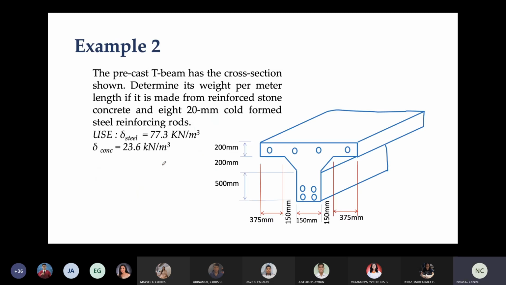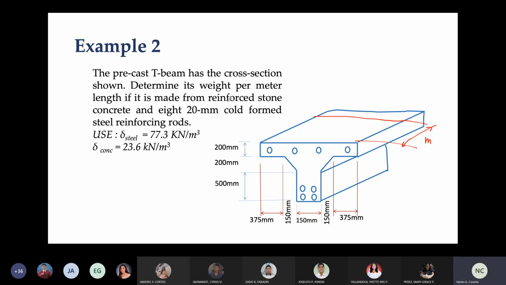Another example. This is again dead load, computation of dead load. The precast T-beam has the cross-section shown, and we are required to determine its own weight per meter length. So we take 1 meter. So this is 1 meter in length. I cut this entire chunk and compute the weight of this chunk. Determine its weight per meter length.